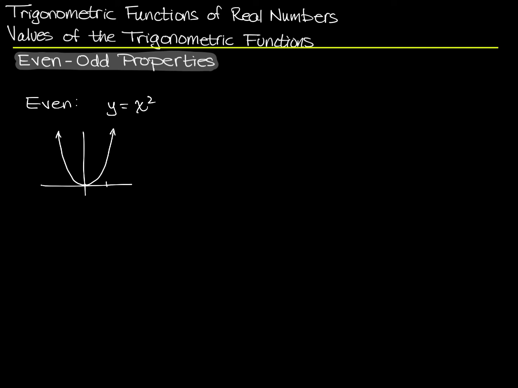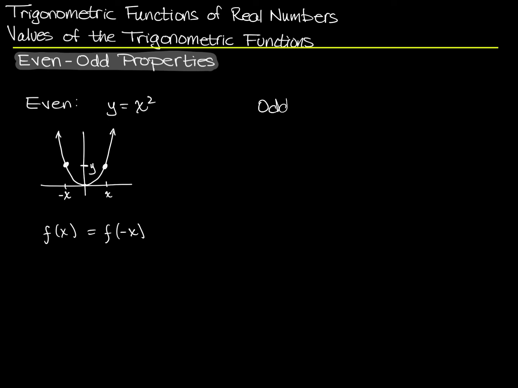If I take a value of x, and I take a value of x on the other side that's the same numerical value, but the opposite sign, then in both cases, I get the same positive y value out. What that means is that f of x is equal to the same function, the y value you get here, is equal regardless of whether you plug in a positive x or a negative x. So by definition, we say a function is even if this is true.